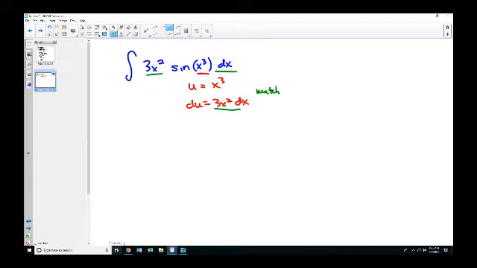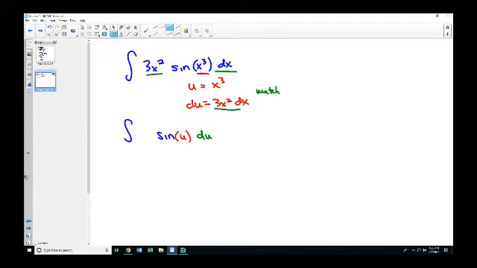All right. So now we have sine. Did we mess with sine at all? Okay, but we put u in there, correct? And what replaces the 3x squared dx? Just the du.